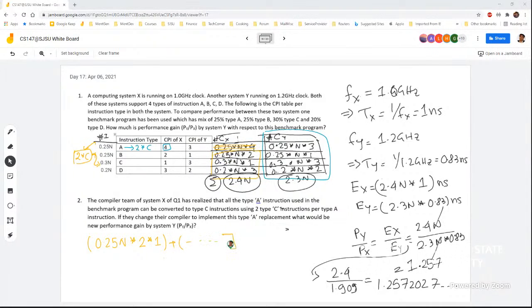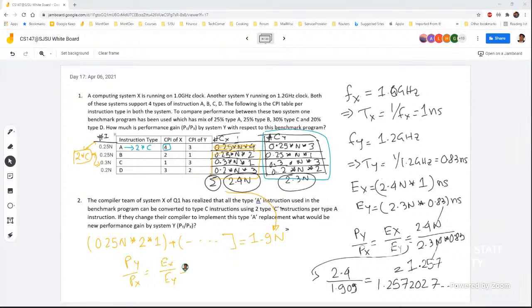So if you do that calculation now, it becomes about 1.9 N number of cycles, instead of 2.4 N cycles. They reduced it down to 1.9 N cycles. So your Py by Px is now Ex by Ey.